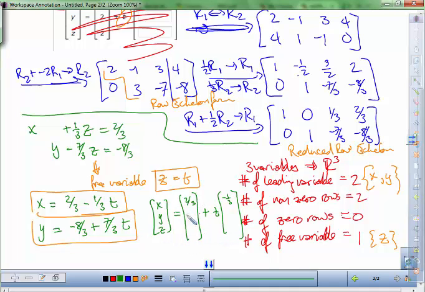Y is going to be equal to negative 8/3 plus t times 7/3. And then z is going to be equal to 0 plus t times 1.